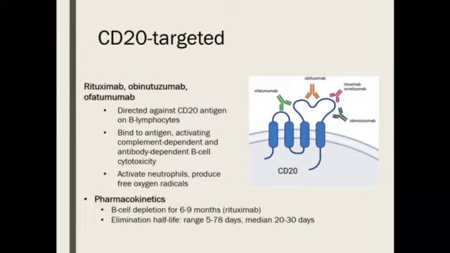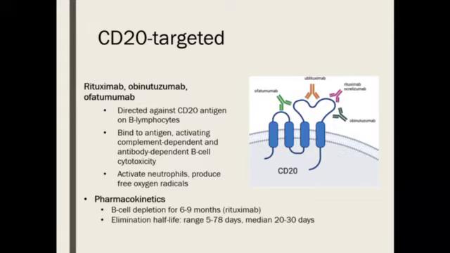Jumping into the agents, you have to, of course, start with the CD20 agents, specifically rituximab as the classic. In the graphical depiction on the right-hand side, we have some of the CD20-directed monoclonal antibodies and how they differ and where they bind within that structure.